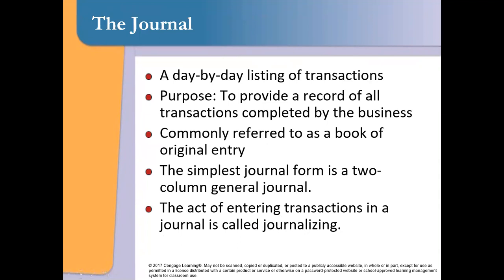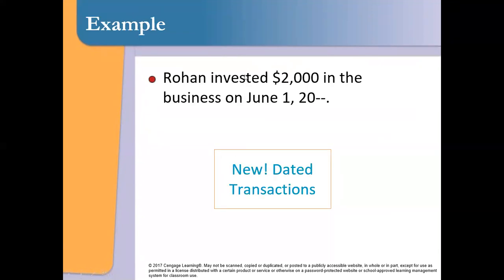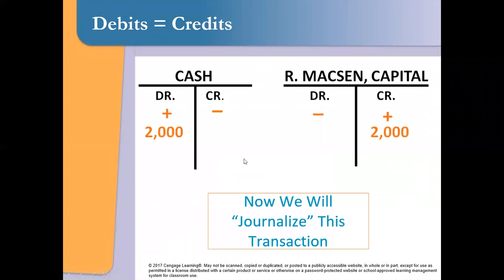All right. So here's a transaction that happened in this organization. Rohan invested $2,000 in the business on June 1st, 2000. In our case, we'll say 2018. So let's see what happens here. First of all, we know that 2 accounts were affected.